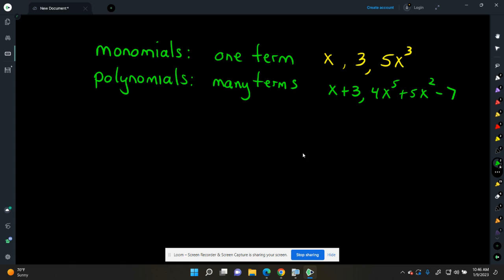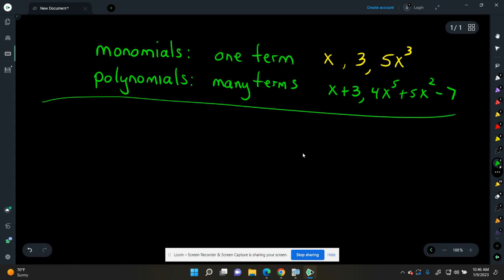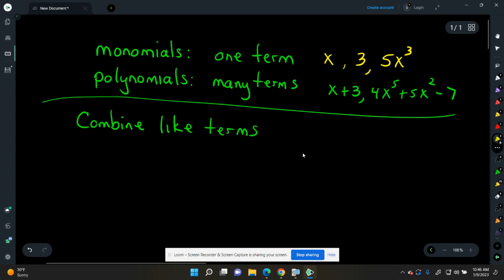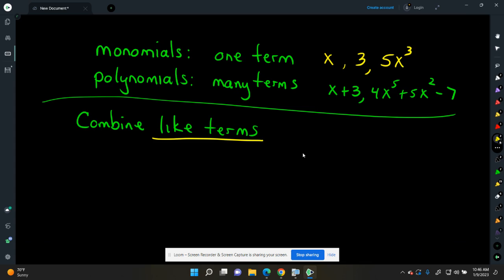So today we're going to add and subtract polynomials. When we add and subtract polynomials, what we actually do is combine like terms. Before we can combine like terms, we need to know what like terms are.